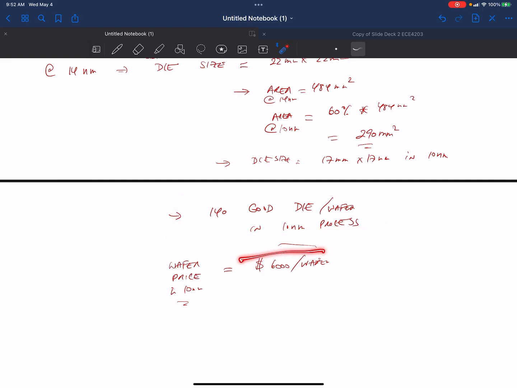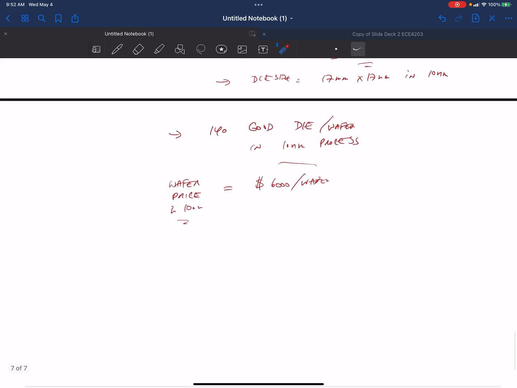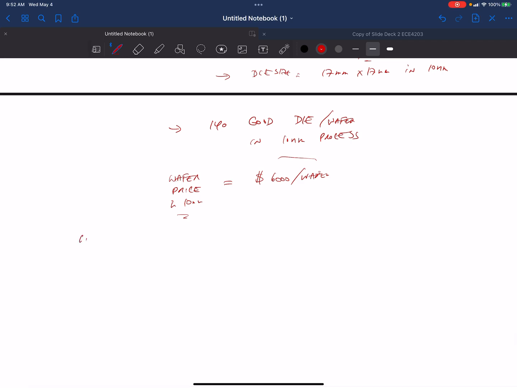Now the wafer price, we more than doubled the number of die per wafer. The wafer price went from $4,000 to $6,000. So the price is going to go down. So now the cost of silicon in 10 nanometers is going to be $6,000 per wafer divided by 140 good die.